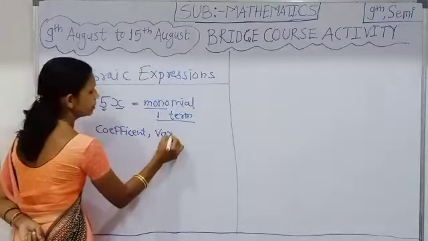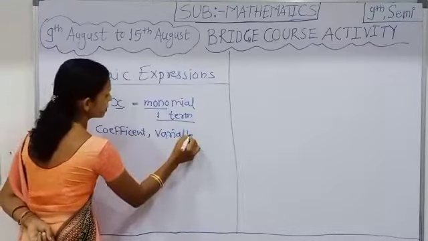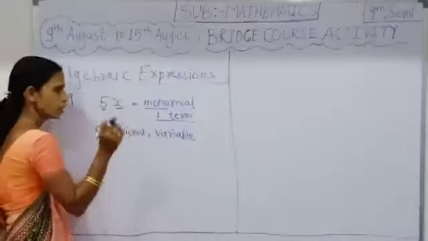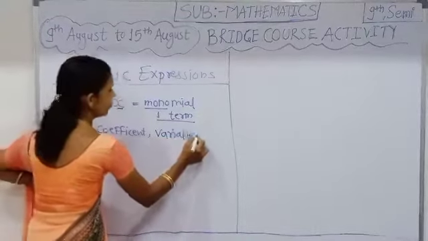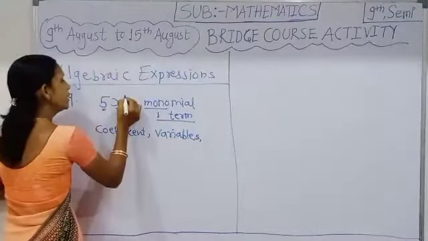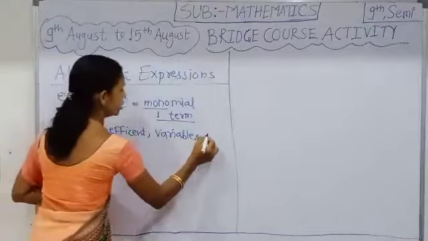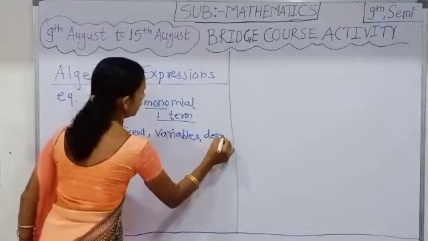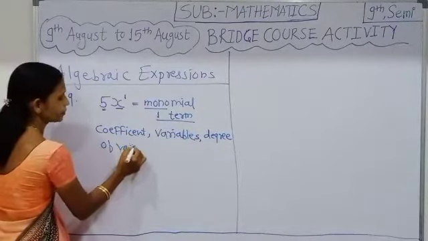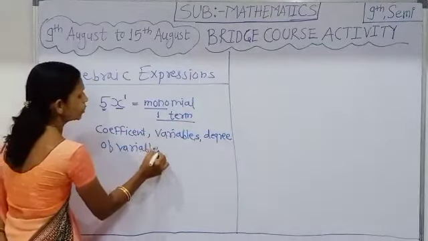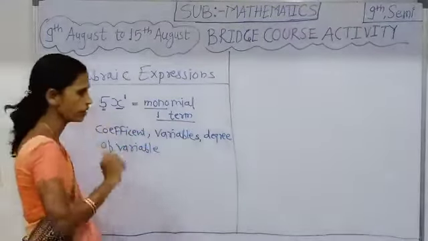variable. The alphabets in small letters used here are known as variables, and the degree of the variable, all together form one term.